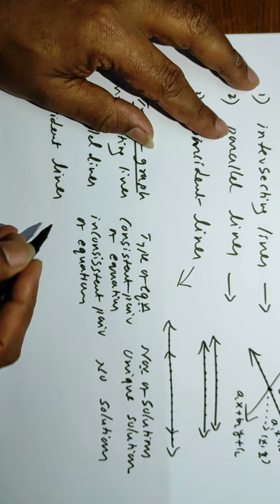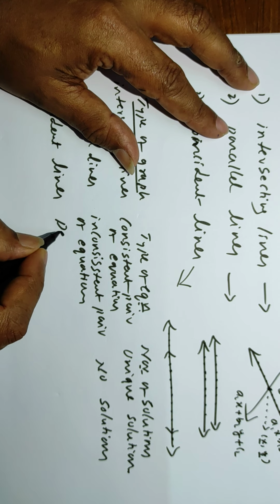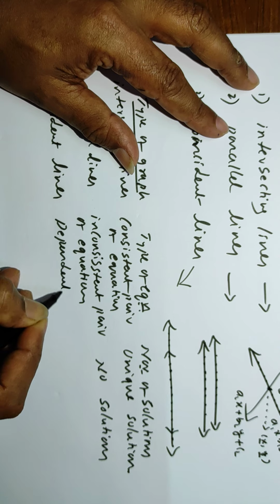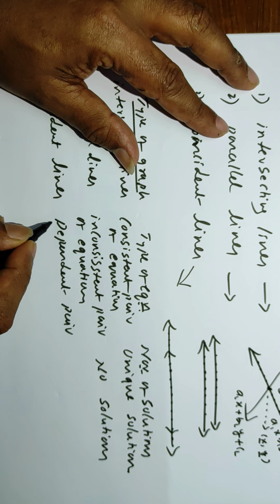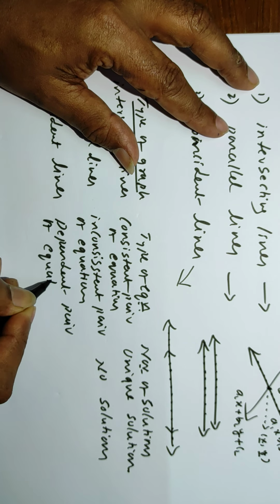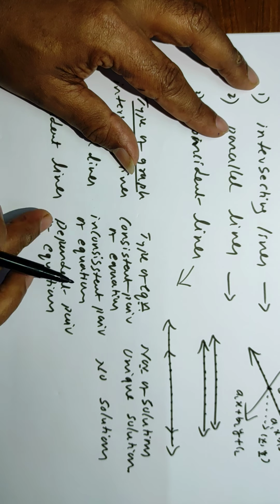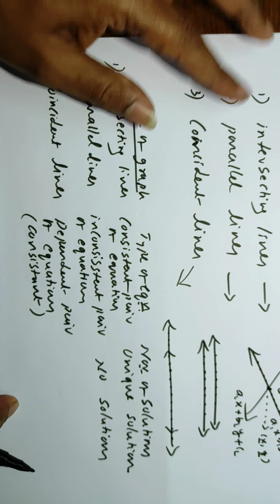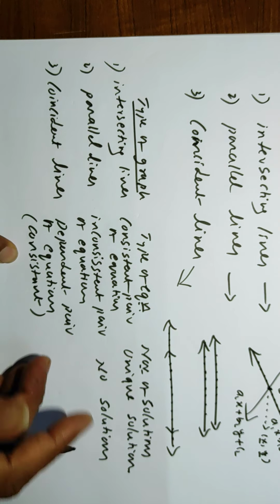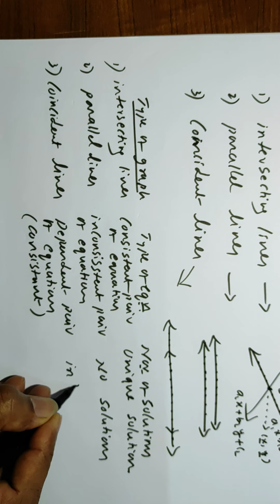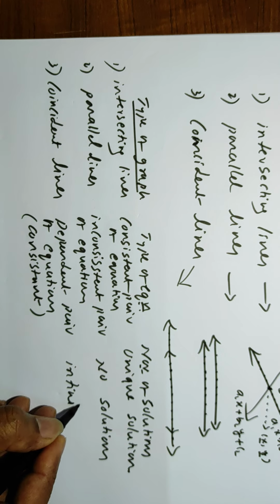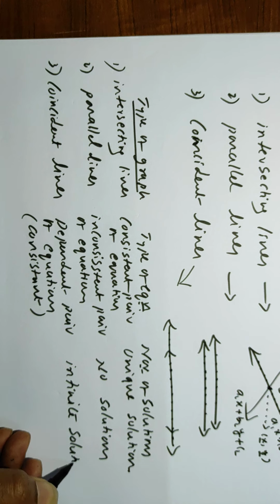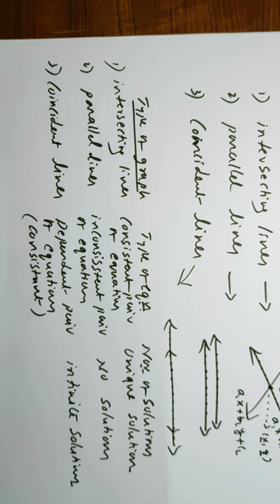We call equations as dependent pair of equations. Dependent pair of equations are also consistent pair. Here we have infinite solutions.